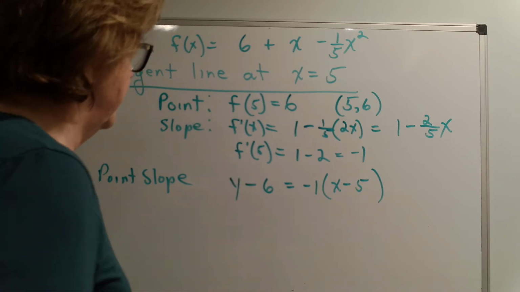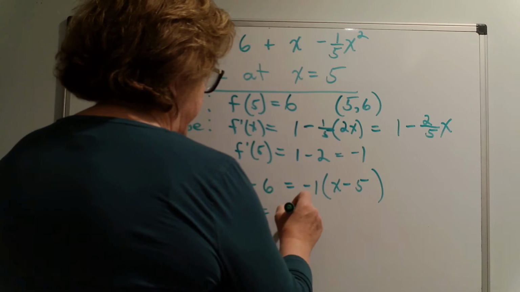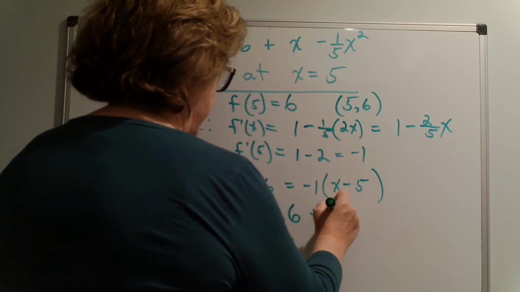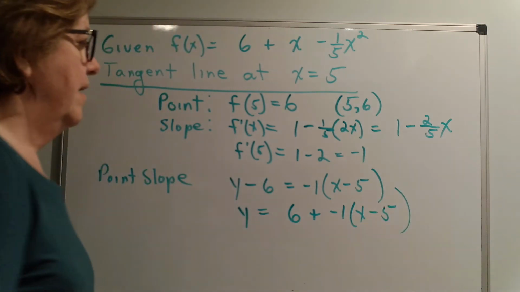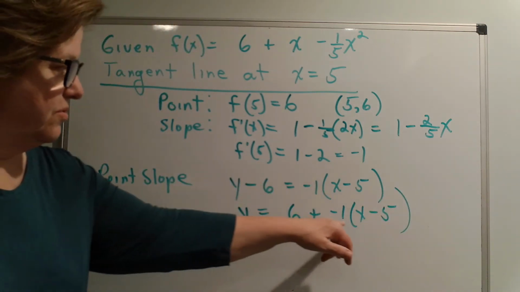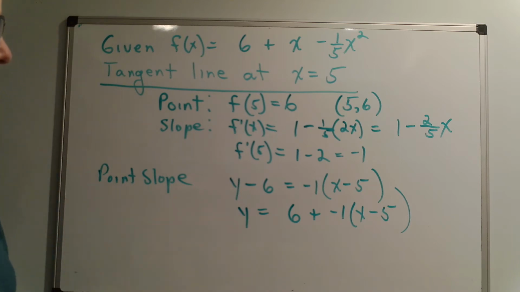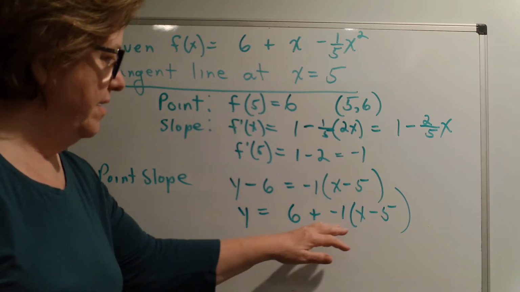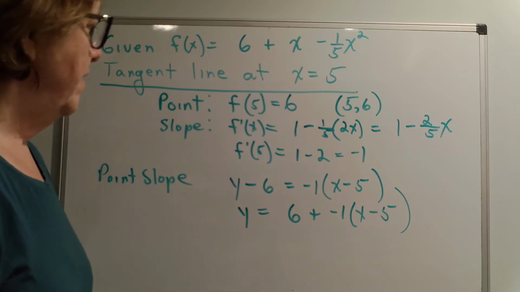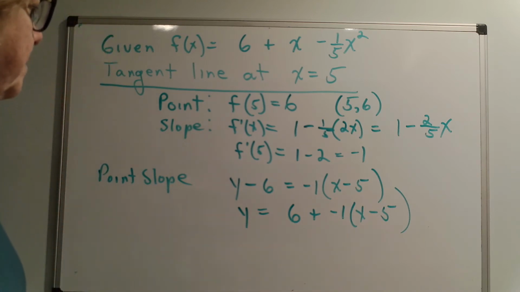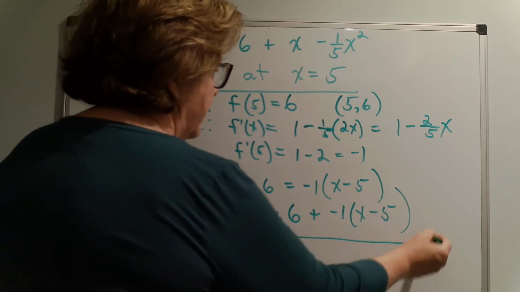Okay, now I'm going to go ahead and add 6 to each side. Okay, I'm just going to leave it like that. We could distribute the negative 1. I'm going to leave it like that for now, because there's a certain advantage to seeing that form. Okay, so there's our answer. This is a perfectly good answer.